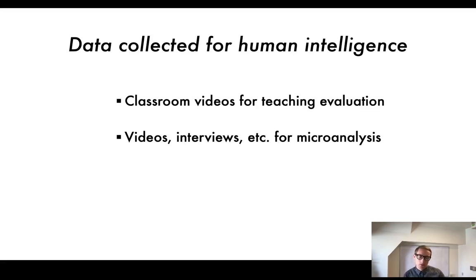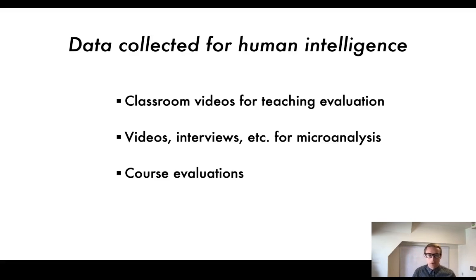And there are lots of other similar kinds of data. For example, videos and interviews that might be collected for microanalysis kind of research, perhaps qualitative coding of different learning phenomena, including some of the data that I'll specifically talk about today, that are also not really collected with AI applications in mind, but more with a human going over every second of the video by hand at less than real-time speed.